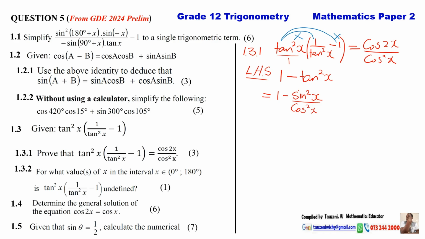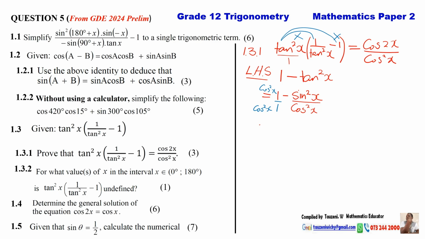You make sure that the denominators are the same. So the first fraction, 1 over 1, I'm going to multiply the bottom by cos squared x and also multiply the top one by cos squared x. That will allow me to add the fractions because when the denominators are the same, we can add the numerators.